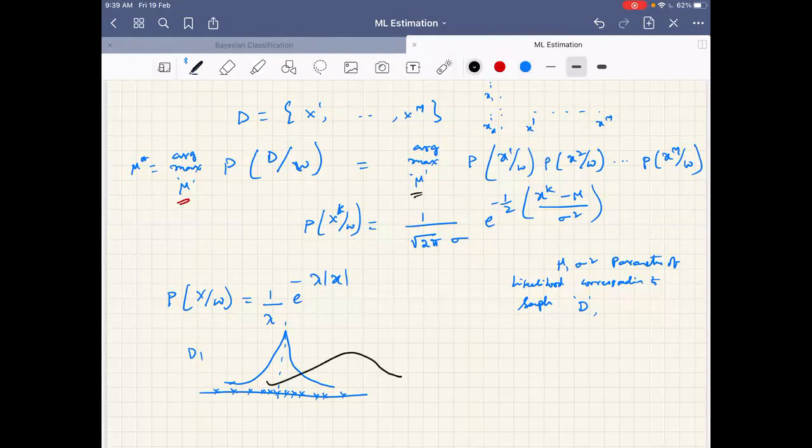It can also happen. Samples of P of x given omega 2 are following Gaussian distribution, and P of x given omega 1 are following exponential distribution. So in this case, I want to find out the parameter lambda for class 1 and mu and sigma square for class 2.